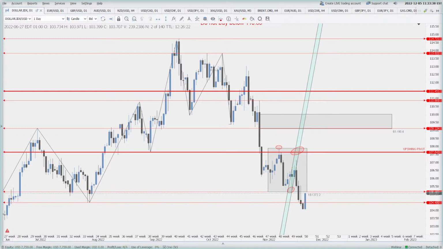Every time we put the dollar index on our stream first of all. And why the dollar index? I don't have to reiterate it, because we know that the dollar is linked with most of the pairs that we are going to talk about. So we want to talk about it and we want to see where it is headed.